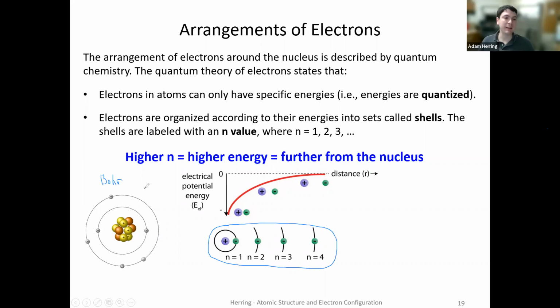And this is depicting the electrons circling around the nucleus in these orbits. Again, it also depicts that the electrons can only be at certain distances away. Now, it turns out that the Bohr model is not 100% correct, but it's good enough for our purposes in this course.